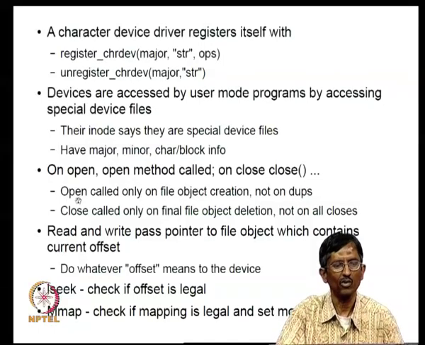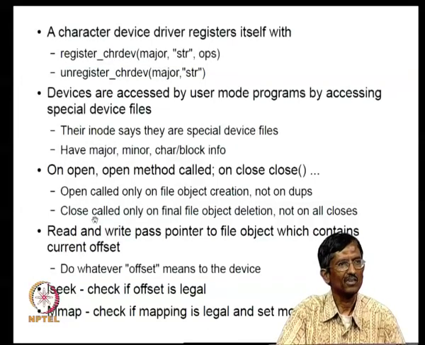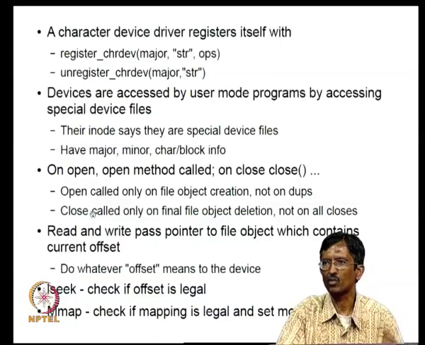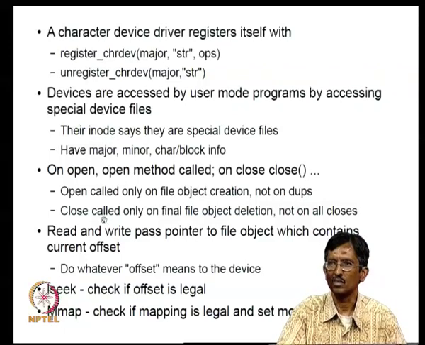That's why even if you call open on such FDs, nothing happens. Similarly with close, you can close something many times. There is some kind of reference count kept, and the final call of close, when every other reference is gone, is the one that does the file object release.